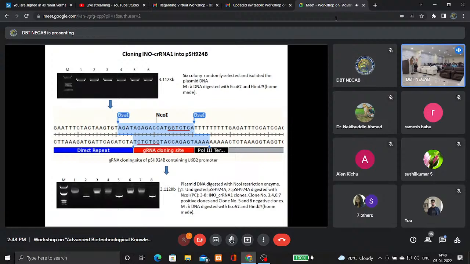The original NcoI site is still here. That means this fragment is not replaced by the guide RNA. So this is the way of confirmation, to find which particular clone is positive simply by digestion with NcoI.